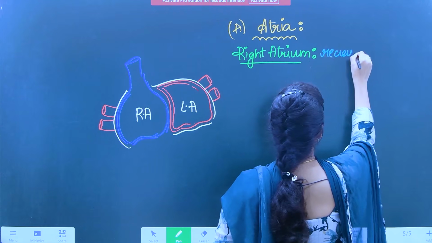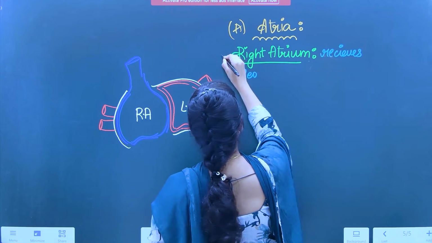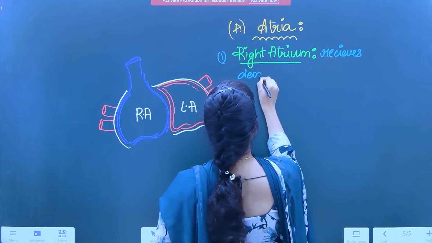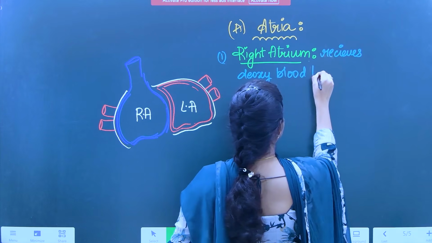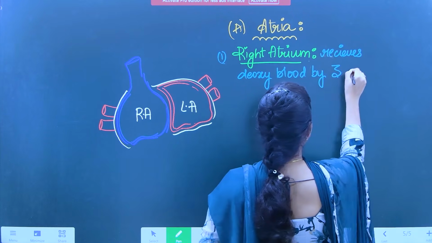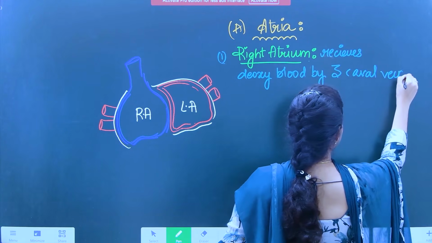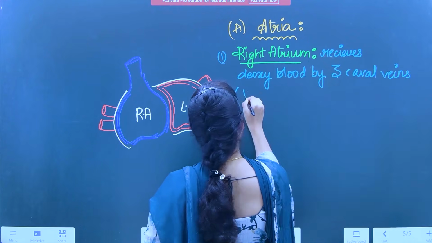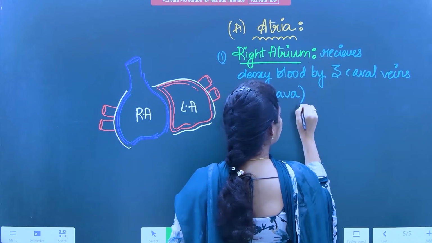Receives deoxygenated blood by 3 caval veins, or we can say vena cava.